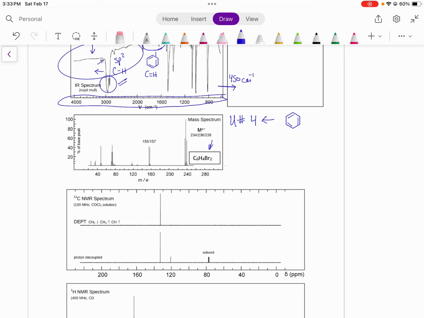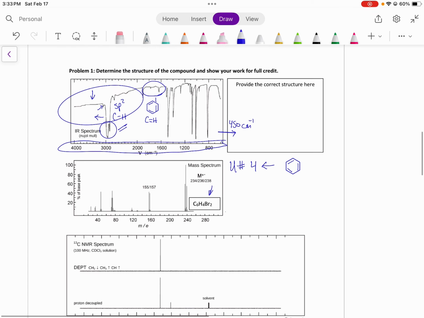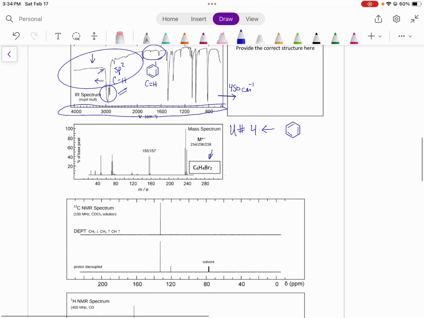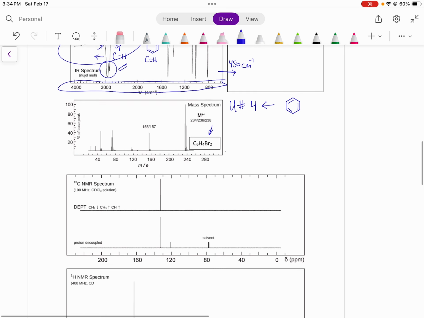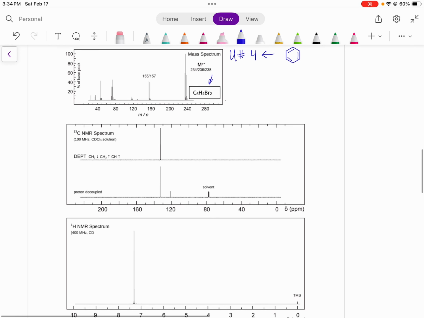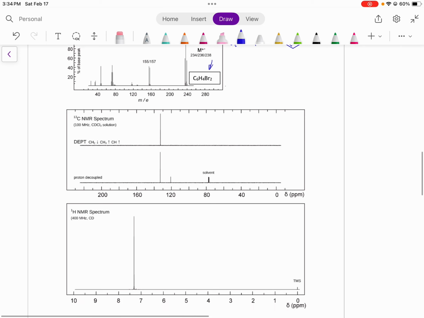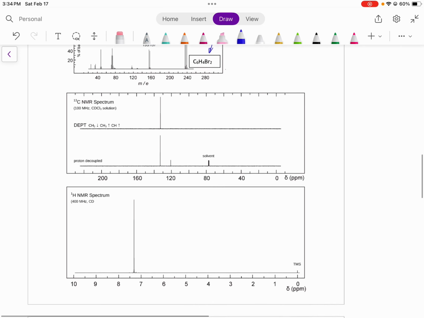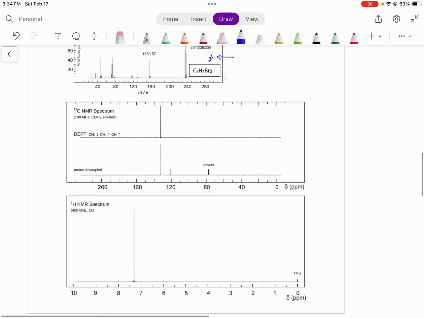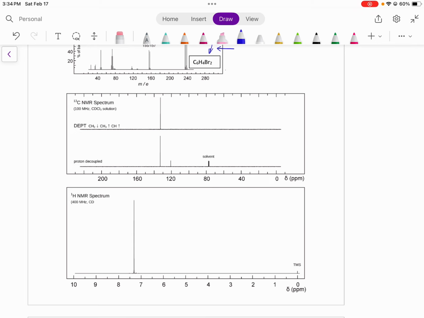So that's why in this particular spectrum problem, the IR spectrum is going to be of minimal use to actually tell us much about the structure. And the mass spectrum is also going to tell us minimal information about what we're looking at. So we're really going to concentrate on the CNMR and HNMR to tell us what is happening.